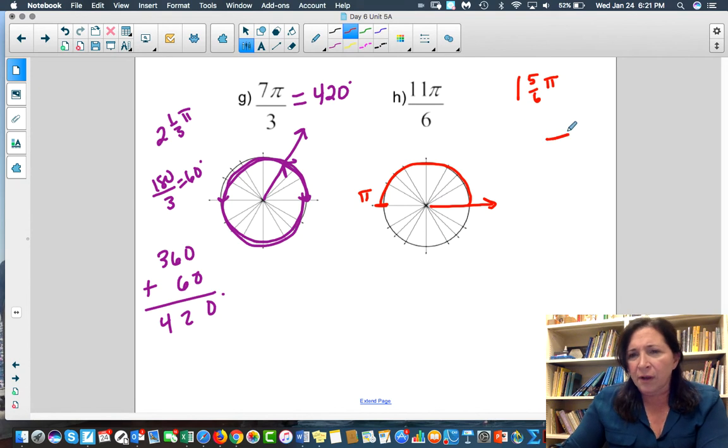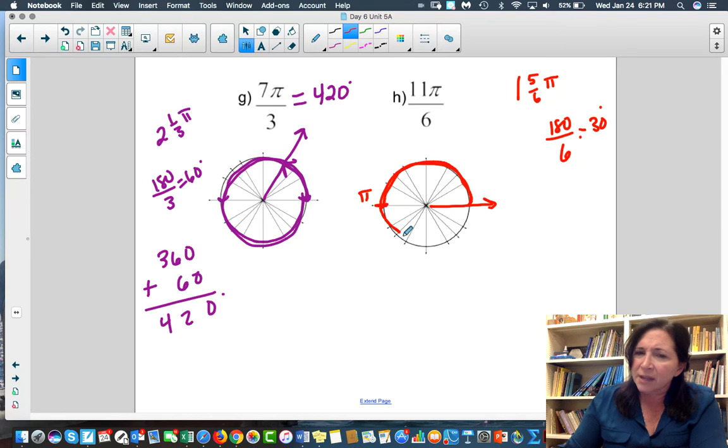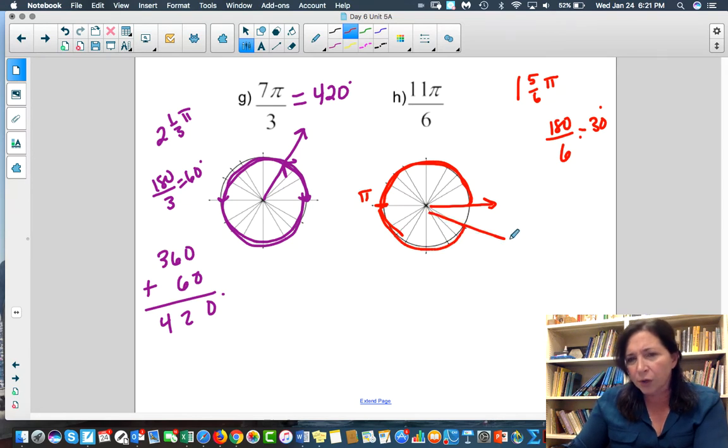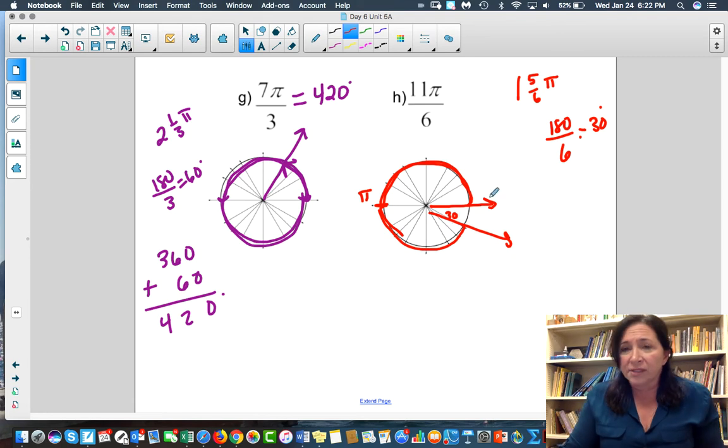So ask yourself, 180 degrees divided by 6 is 30, right? And what that means is you can look at that 2 ways. I'm going around once, and now I'm 5/6, meaning I am 1/6 short of being 2 pi. See, it's really close. So I'm 30 degrees less. So basically what that's telling me is that 30 degrees is my reference angle.